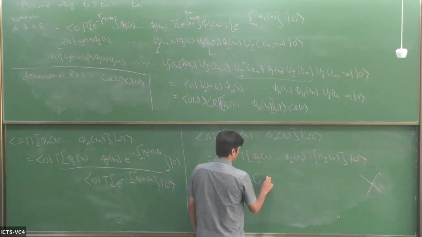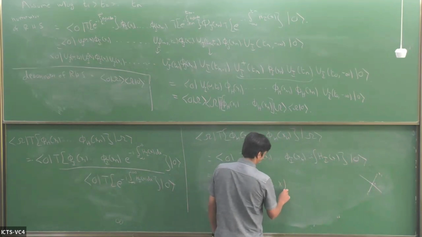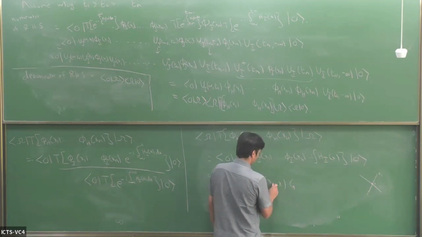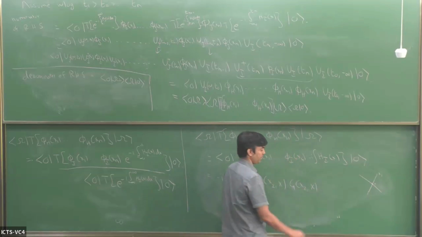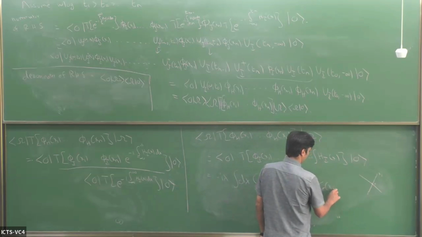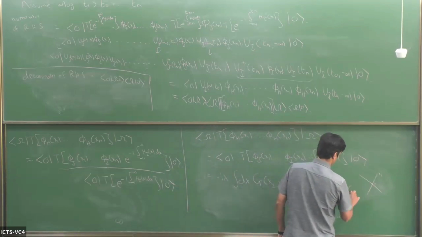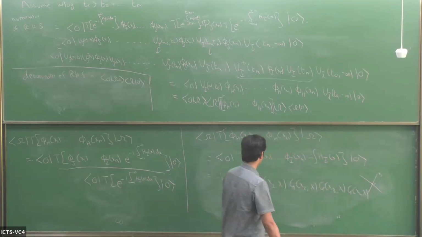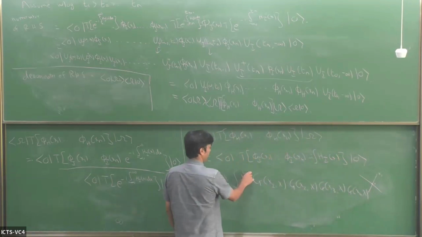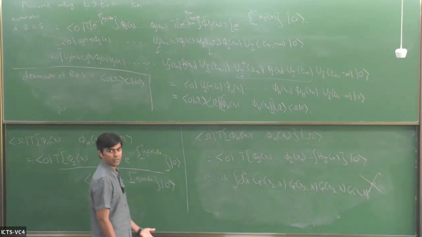So you'll get G of x1 x, G of x2 x, but this is the propagator. It is the time ordered propagator. G of x3 x, G of x4 x. Okay. And you have this integral over d4x. So this is the answer that you get.